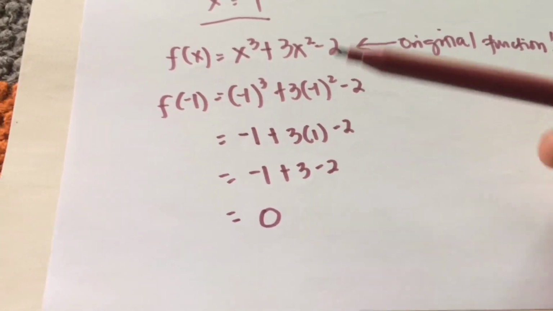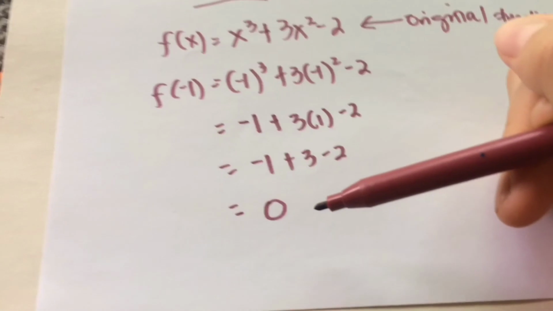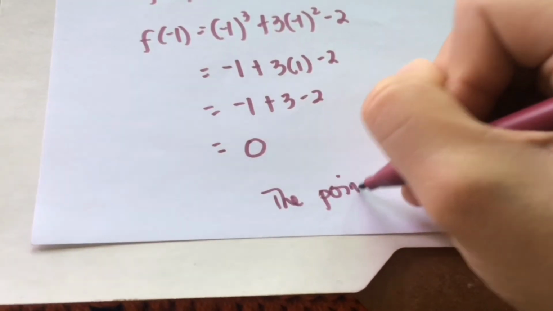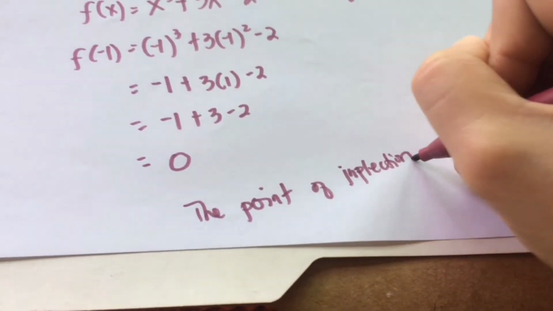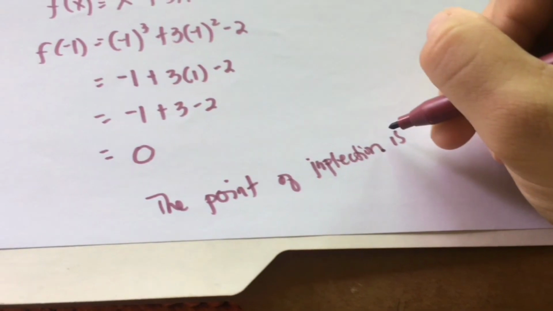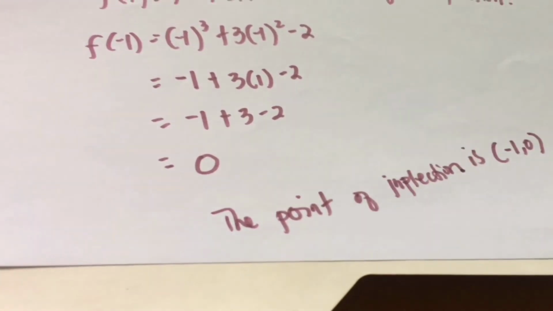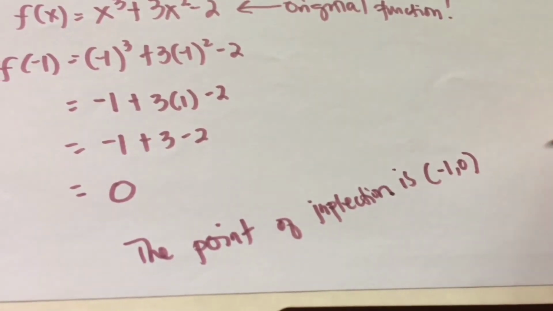Therefore, our point of inflection is negative 1 and 0. In our graph, it can be seen at point B.